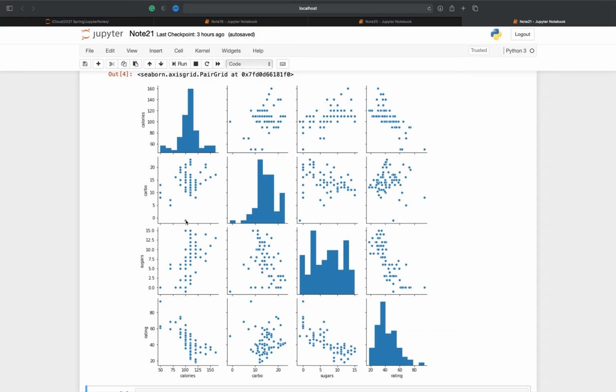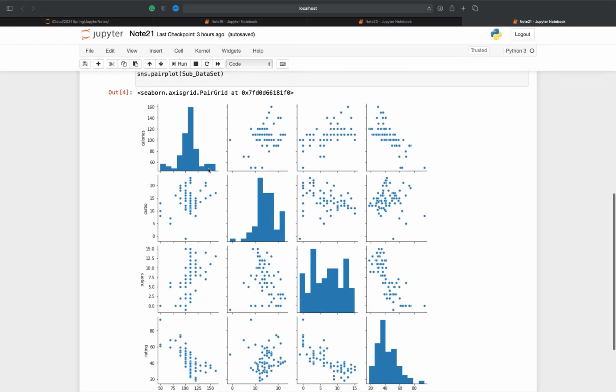And then what about this one, carb? So the cereal with 0 calories can have carb between, let's say, 8 or 7 to 40, right? And the majority of different carbs show the calorie between 75 to 150, right? And then the calorie is kind of normally distributed among all the cereals.